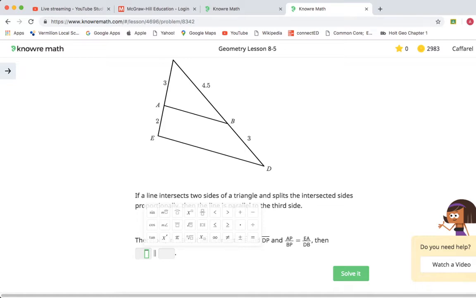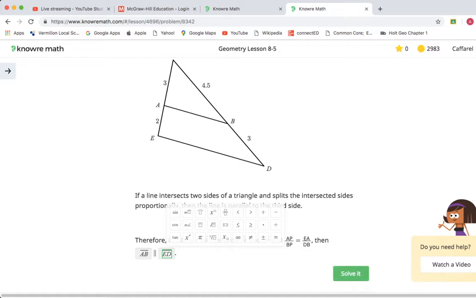We keep plugging in, and I say we because I did this as well. I'm plugging in AB, but I'm not plugging in that it's a segment. And then if I come over here and I want to say that it's going to be parallel to ED, I have to call ED a segment. And I know all year I've harped on keeping our symbols appropriate.